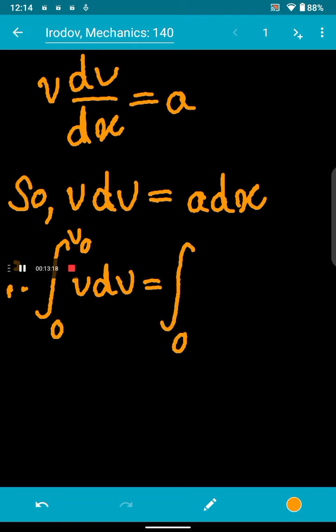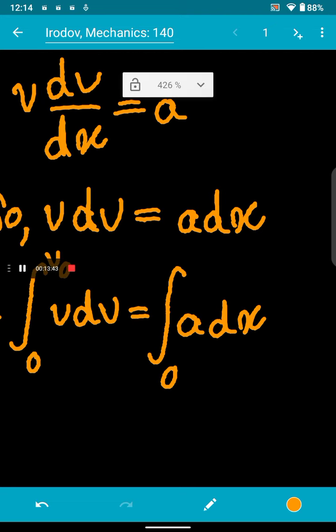Now what will be the limit for x? The lower limit is 0, no doubt about that, but what will be the upper limit? Now we had calculated theta, sin theta was 4 by 5, so your cos theta will be 3 by 5, and that will also give the base x.